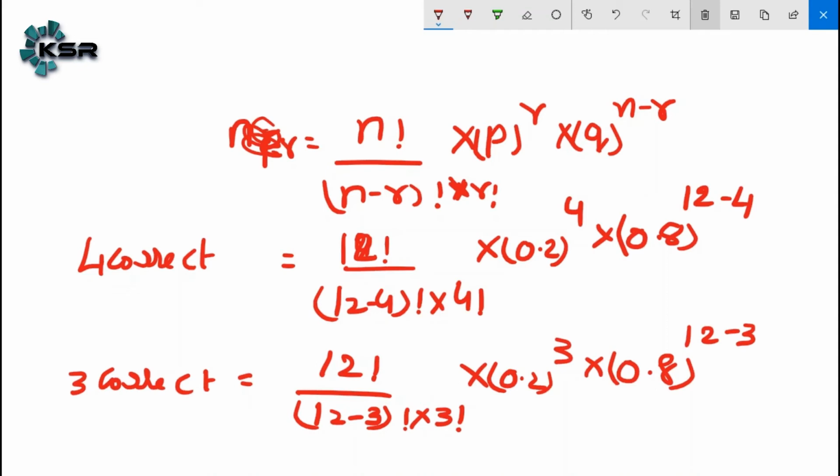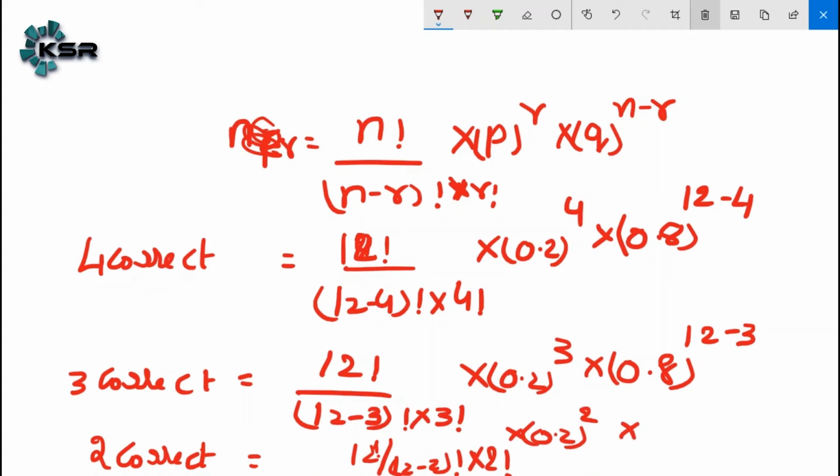Okay, next will be 2 correct answers: 12 factorial divided by 12 minus 2 factorial into 2 factorial into 0.2 squared into 0.8 to the power of 12 minus 2. Like the same way, we have to do for 1 as well as 0.